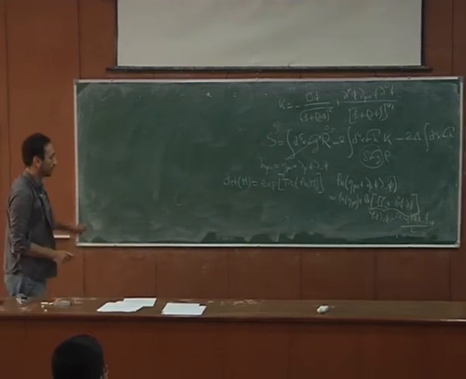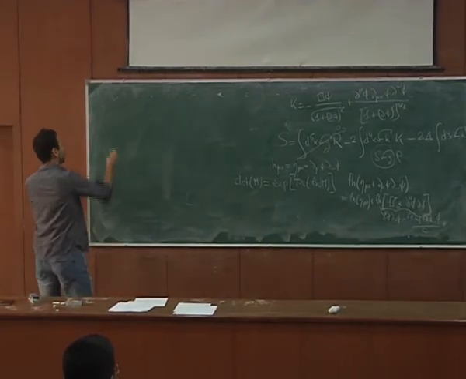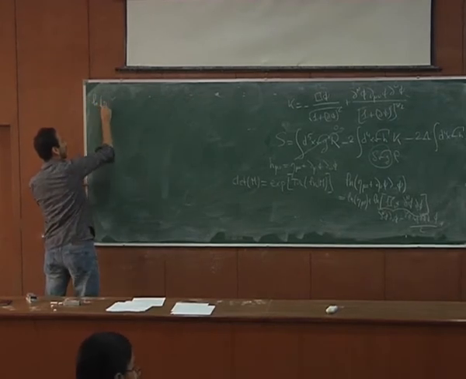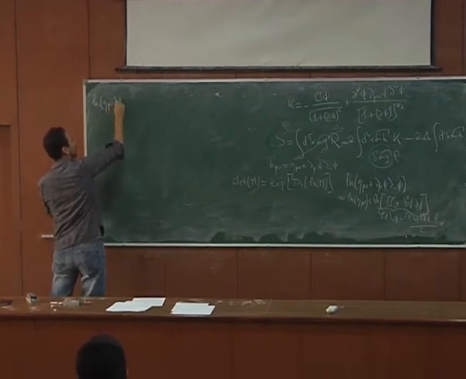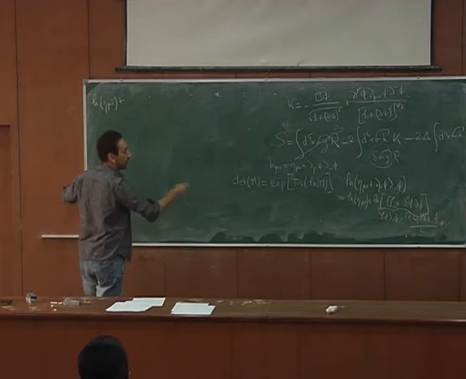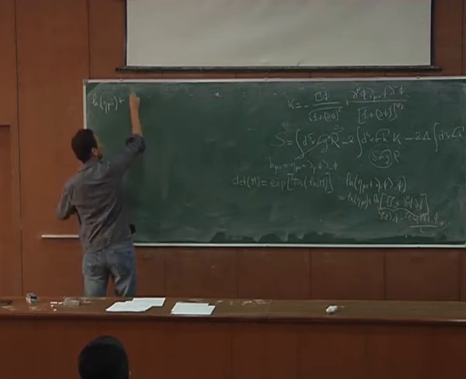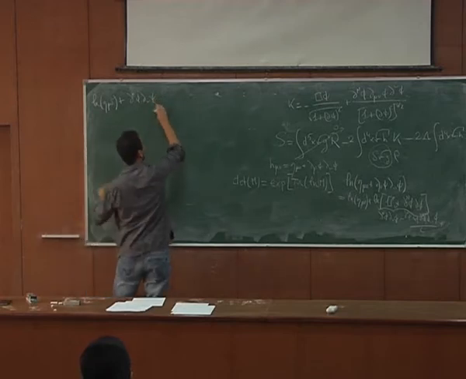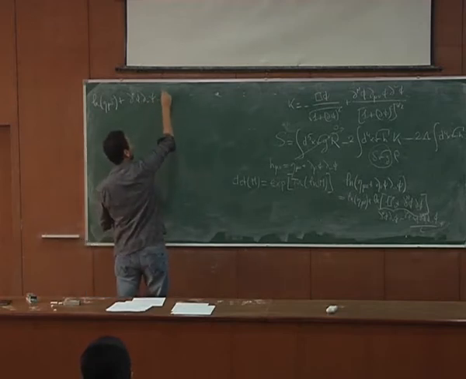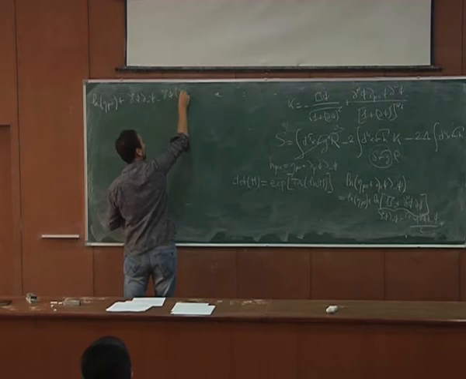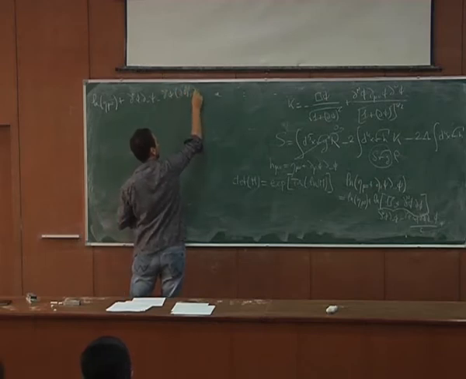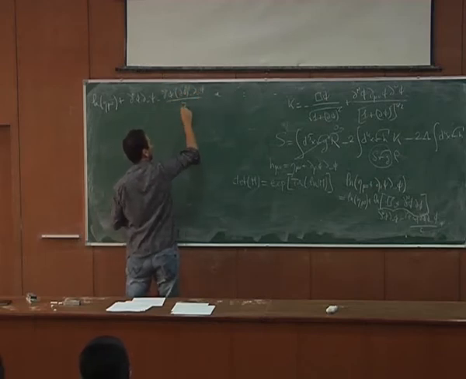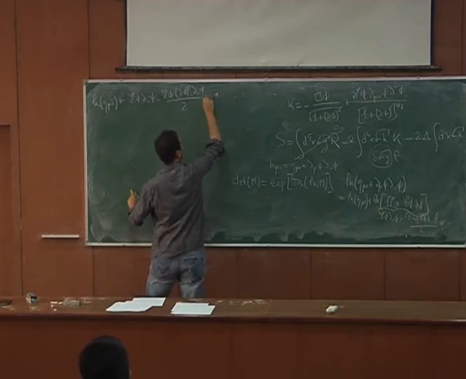Okay, so you have the log of η_{μν} plus ∂_μ φ ∂_ν φ minus ∂_μ φ, there is a kinetic term that we got, ∂_ν φ divided by 2, etc.